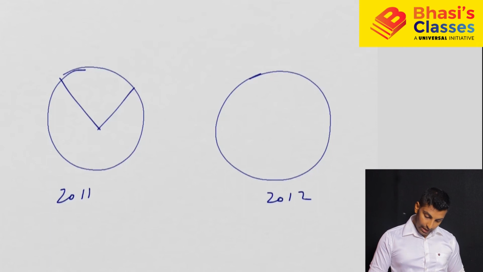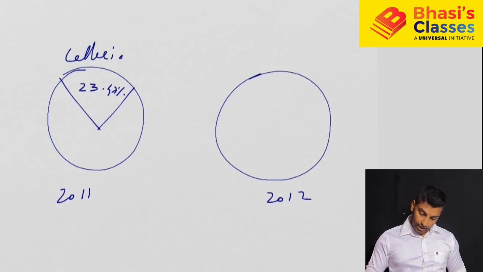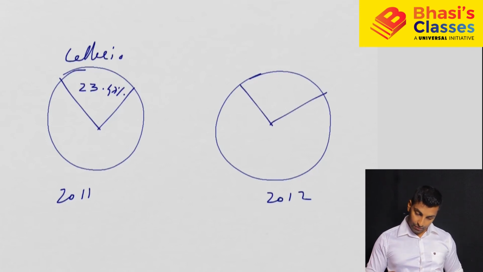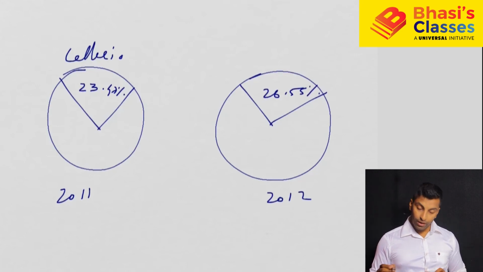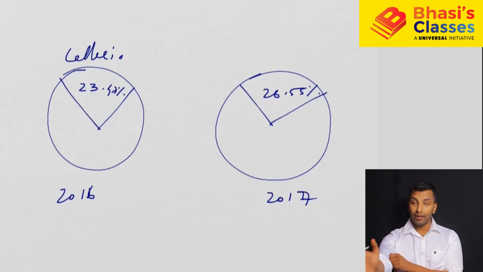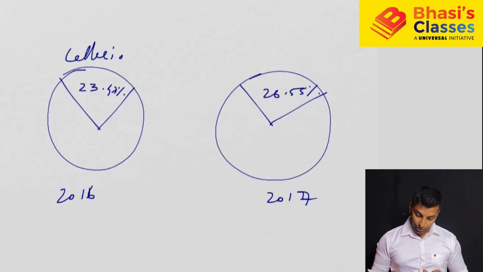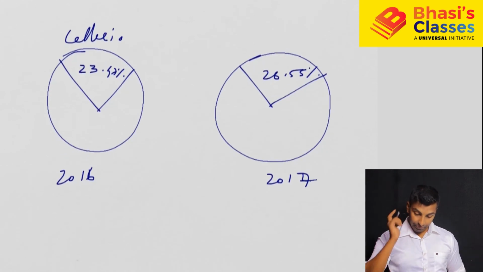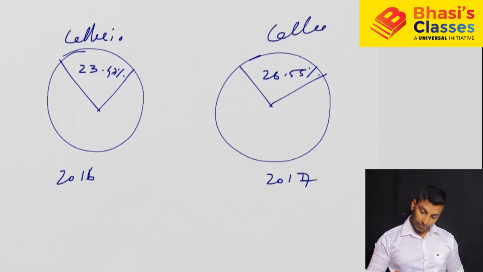In 2011, out of their total, 23.47 percentage was Celerio. Now in the year 2012, 26.55 percentage was Celerio. Let's take 2016 and 17 because in 2011 Celerio was not introduced. So 2016 and 17. So this is also Celerio.